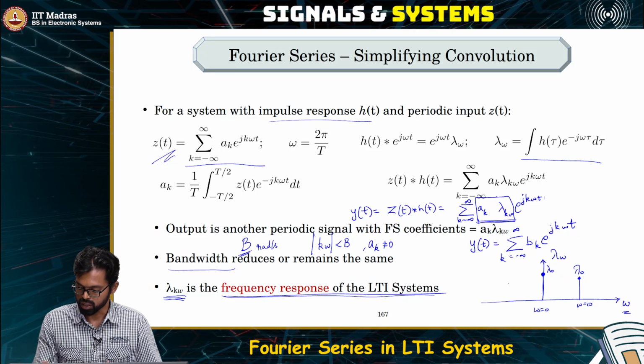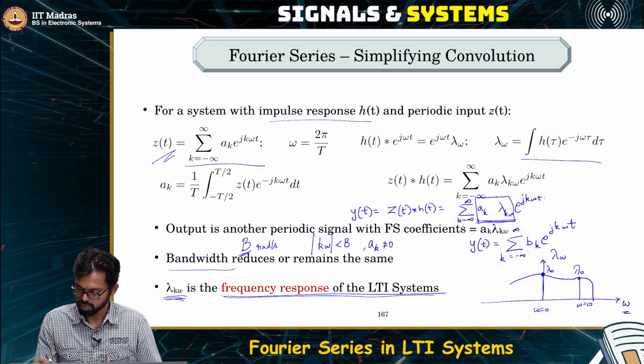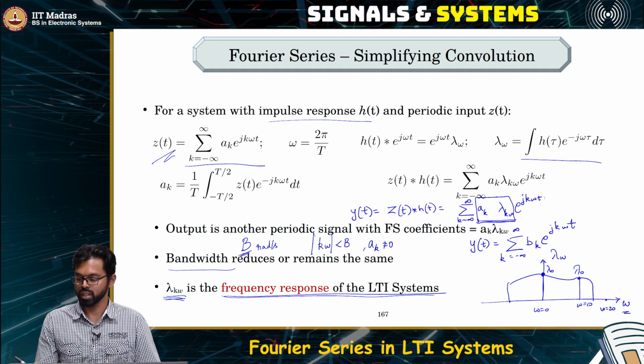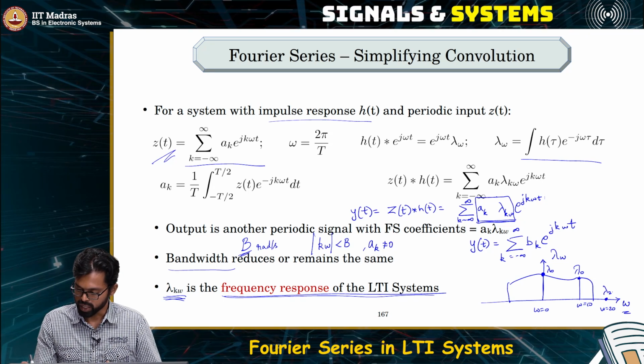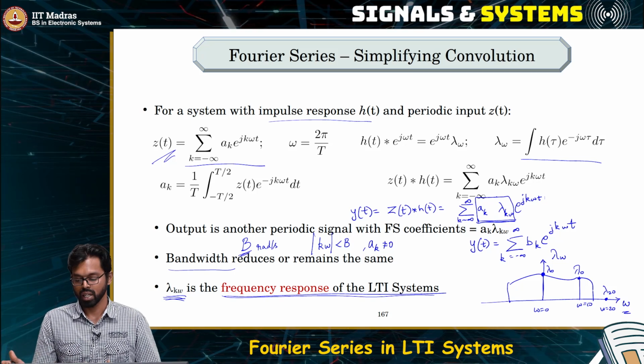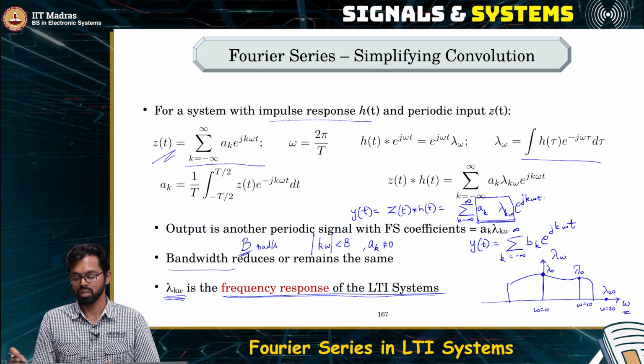Let us say our signal looked something like this, and there is omega equal to 20 here and lambda 20 is 0. Then it means that this will not pass any input which has a frequency of 20.